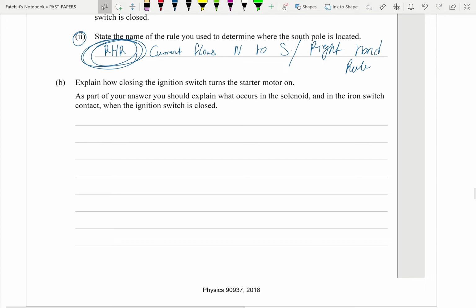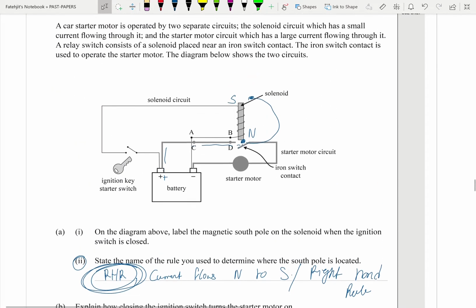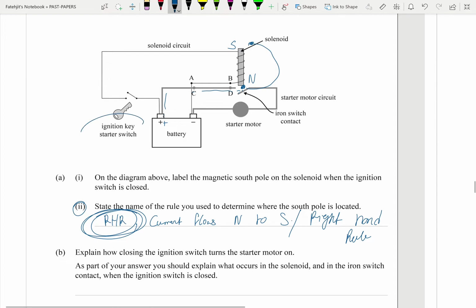So now, closing the ignition switch. Ignition switch is here.